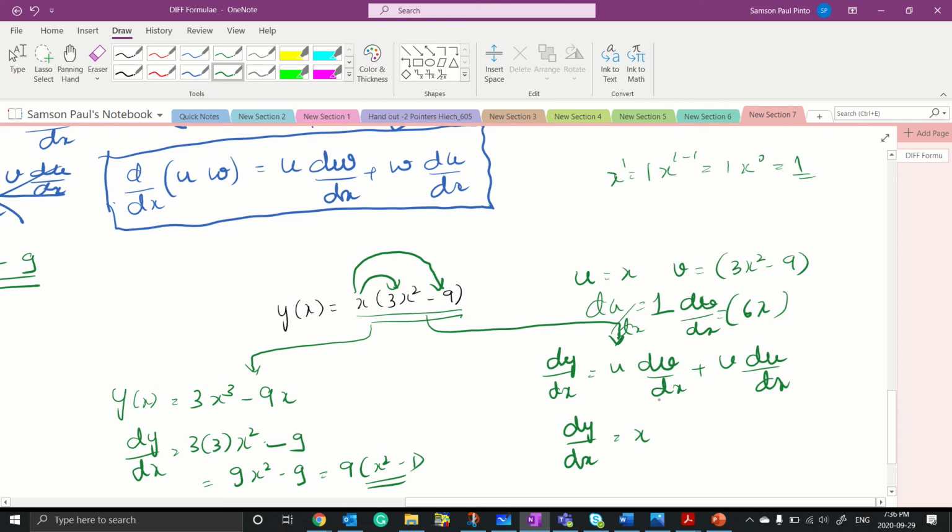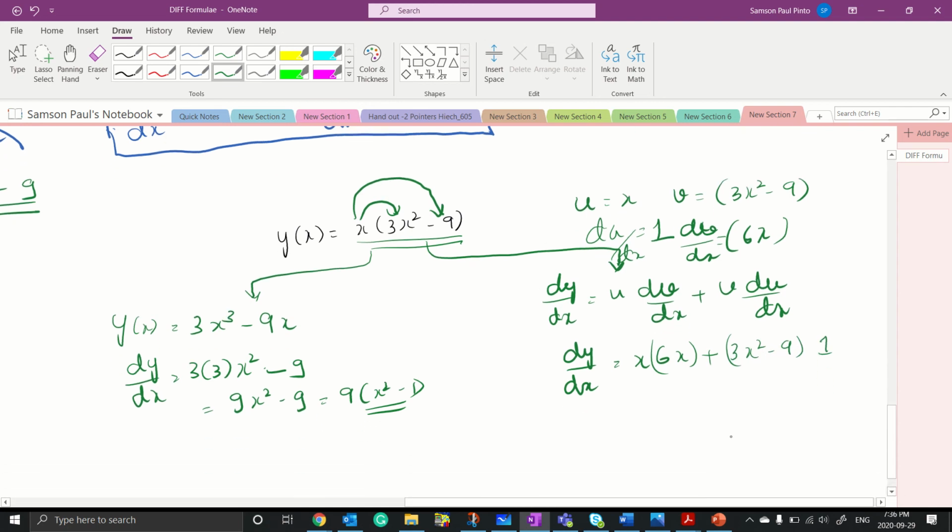So differentiation of x is 1. Let us substitute that in the formula. u is x and dv by dx is 6x, plus v is 3x square minus 9 and du by dx is 1.